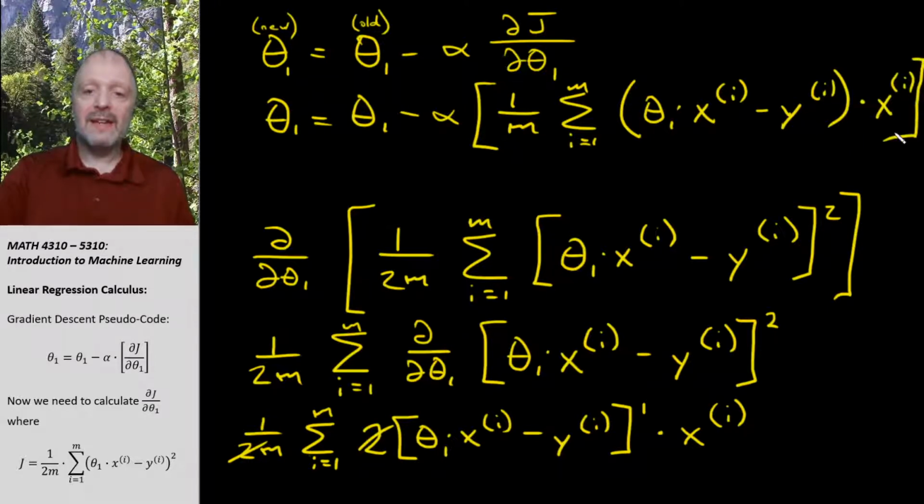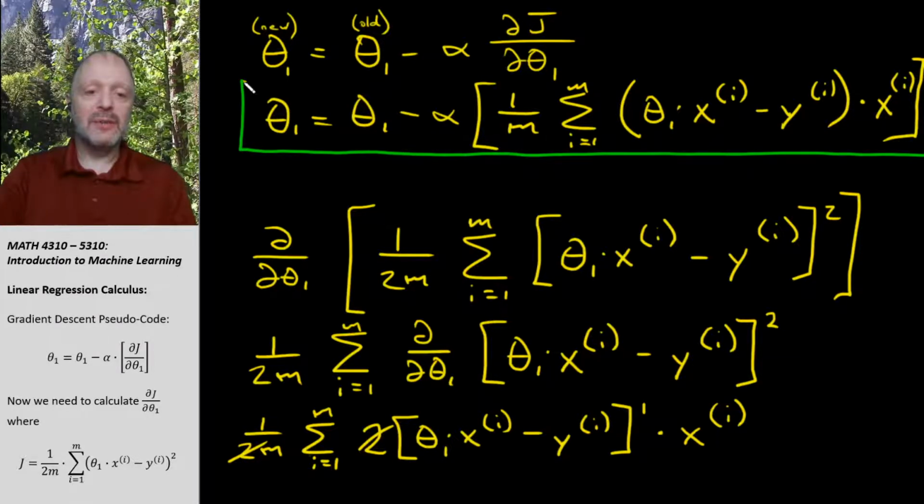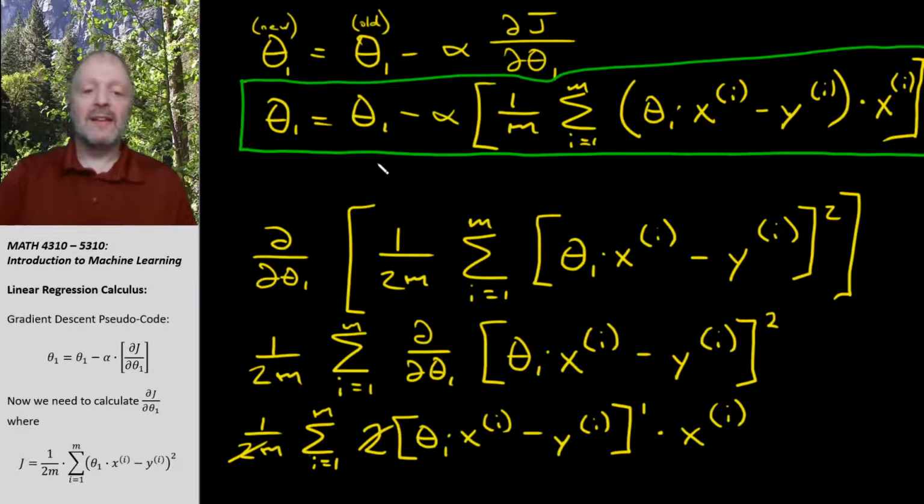And that is finally the partial of J with respect to theta 1. So this is what we're going to need to code in when we get down to the part where we do the gradient descent. We need this line right here. Alrighty? It's really not bad to code. But that's it. This is what we have to have right here. Let me box it in. I'll even use a different color. This is the last piece we need for gradient descent. Okay? So, gradient descent.